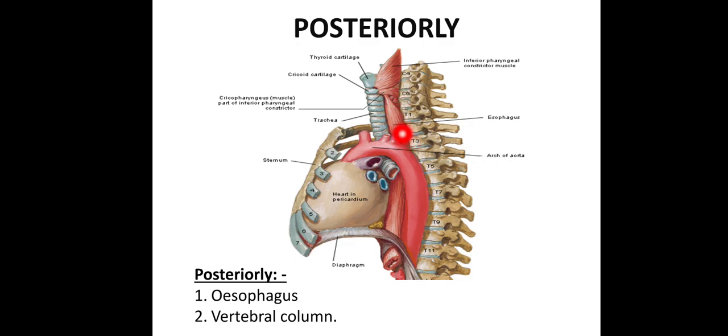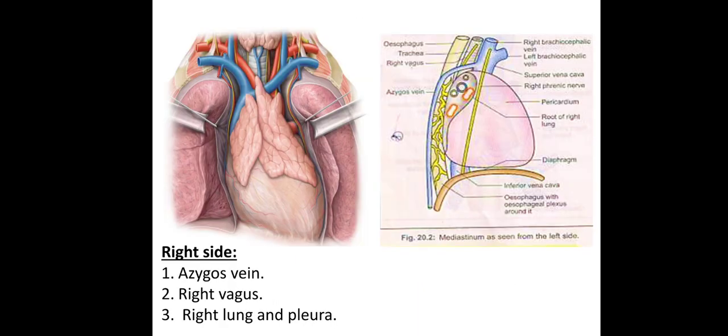So the posterior relation of the trachea is first of all the esophagus, and more posterior to the trachea you can see this is the vertebral column, and here the course is from C6 to T4 thoracic vertebrae. So this is the posterior relation of the trachea.